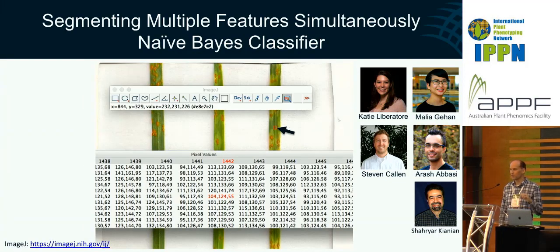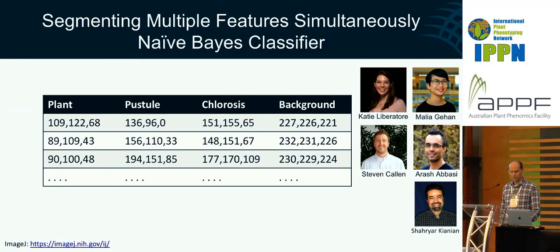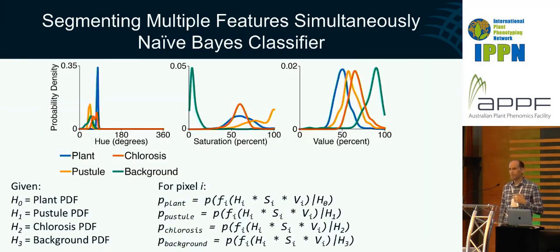So we just had them use ImageJ to do pixel picking, collect the RGB values from the pustules, the chlorosis, the leaves, and then the background as 4 classes, build a table of those RGB values, and then we use a kernel density estimation analysis to build probability density functions for hue, saturation, and value color properties. And then we just use Bayes' theorem to calculate the joint probability that a pixel is plant or chlorosis or et cetera, assuming that they're independent.